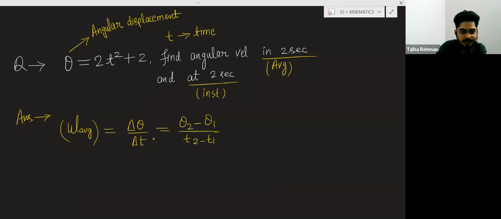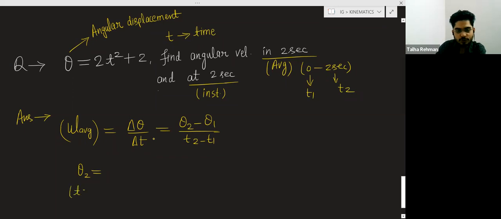Now what is theta 2? They are asking the average angular velocity from 0 to 2 seconds. In 2 seconds means 0 to 2 seconds. Remember this point. So this is your t2 and this is your t1. You will put t is equal to 2 in this equation.